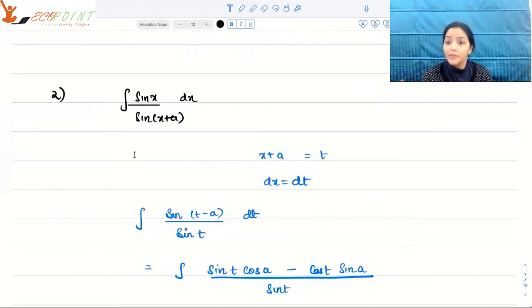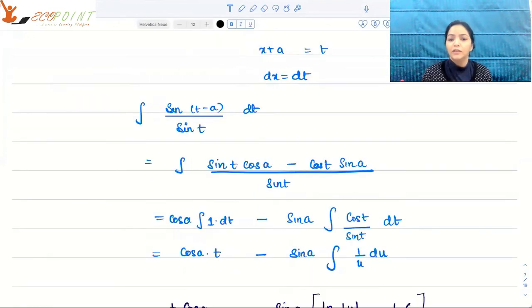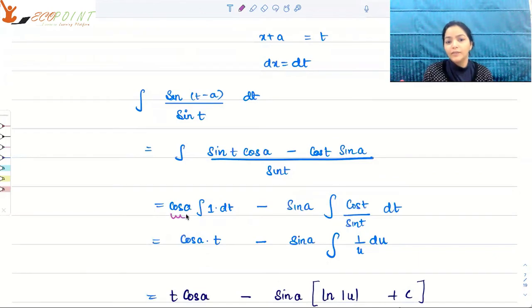Now you can open up sine t minus a: sine a minus b is sine a cos b minus cos a sine b. Open this up, and hence you will have this expression. Now if you split it up, sine t cancels here, and you'll have cos a. Now a is just a constant, so cos a is just a constant.